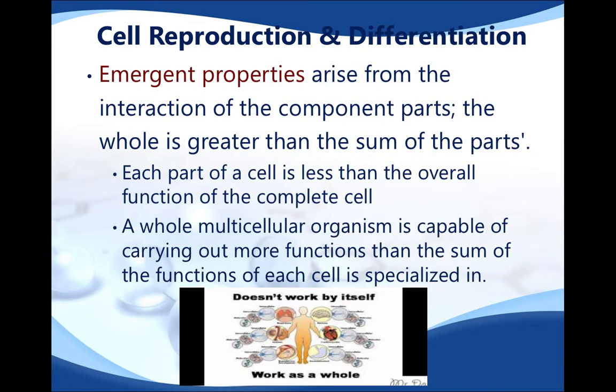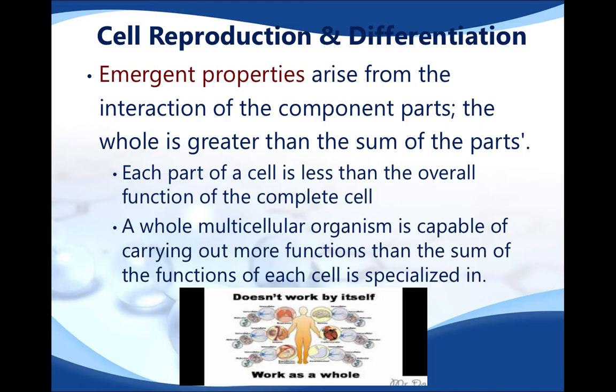So finally, the emergent properties that arise from the interaction of component parts, i.e. the whole is greater than the sum of all the parts. What we mean by that is if you take all of the parts of an organism and they're all working together, the whole thing working together has a much greater significance than if you added up all the little parts combined together.